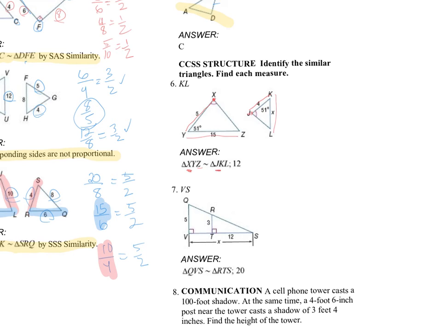Now let's look at what we know to be able to figure out our proportion here. So if we look at what we have here, we could see that this here is going to be in proportion to this here.